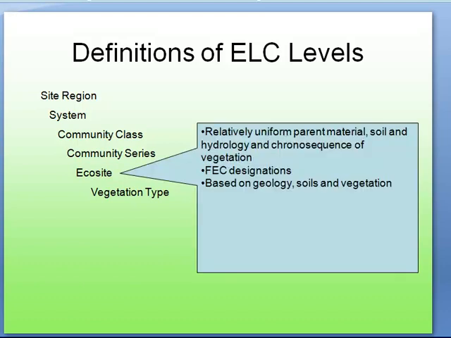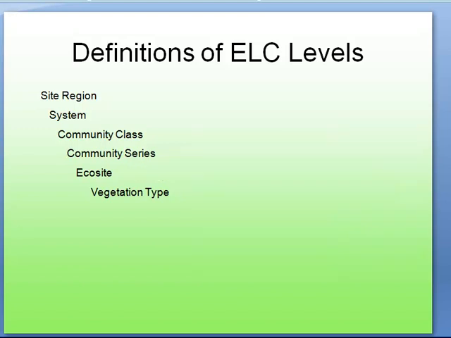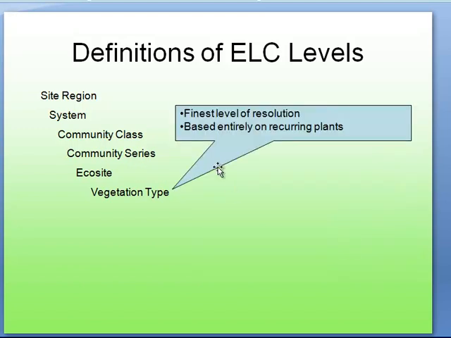The next one, which is highly detailed, is the vegetation type, and we don't spend a lot of time working with that one, but its whole focus is the finest level of resolution based entirely on the recurring plants. So what you're doing is you're trying to develop an ecosite based on strictly looking at the indicator plants you would find.